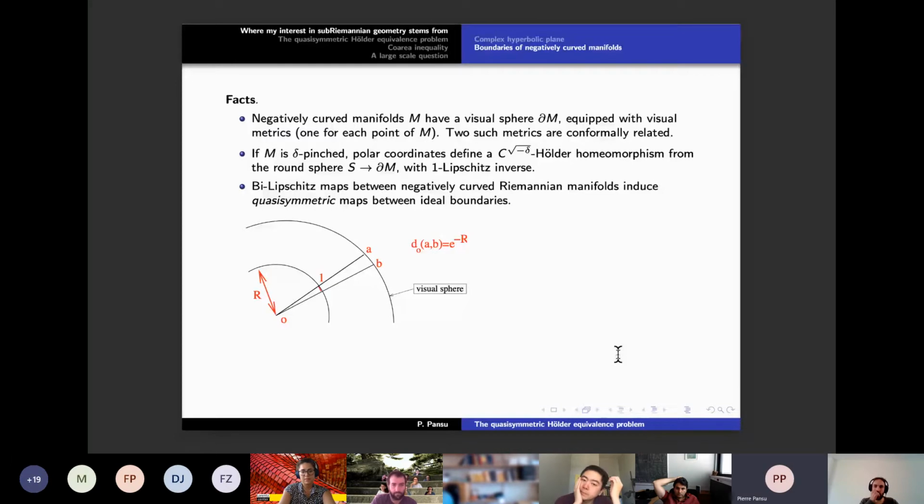One shows that when we change origin O, you get a different metric, which is conformally related to the previous one, and also Lipschitz equivalent to it. So this feature of complex hyperbolic geometry survives. There is a boundary, and a family of metrics which are conformally related.